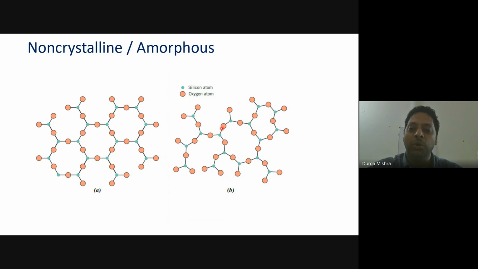So it is not anymore a long range order. Here you have a perfect hexagon which is extended, and many such hexagons arranged together give you a polycrystal. But here what you see, these hexagons are not perfectly formed. They have really a short range ordering, but there is no long range order. That is what we call a non-crystalline or amorphous material.